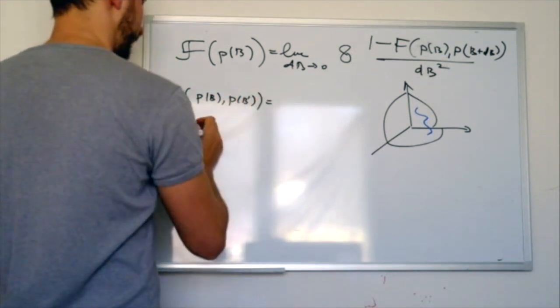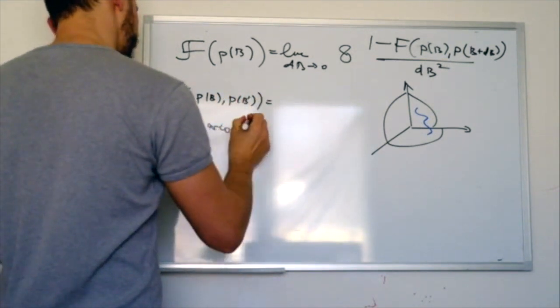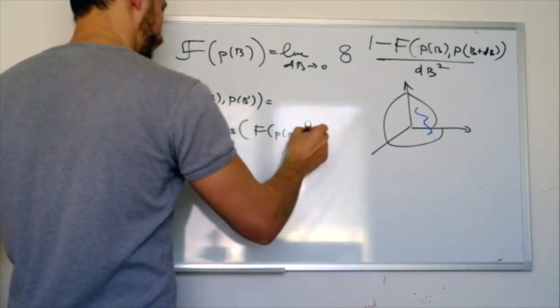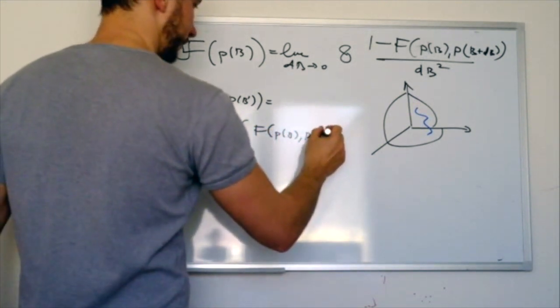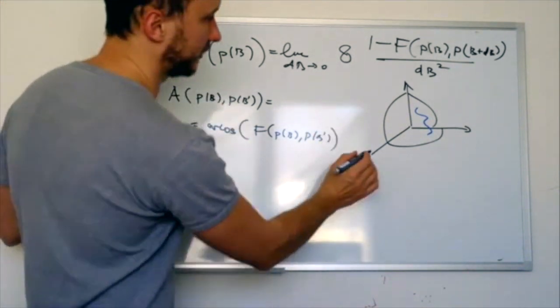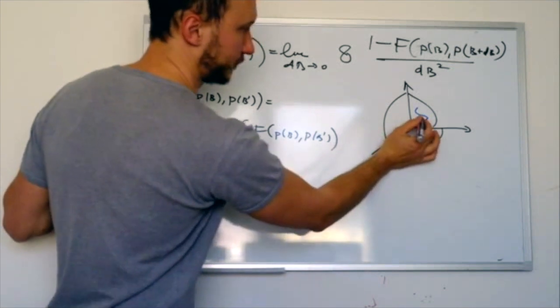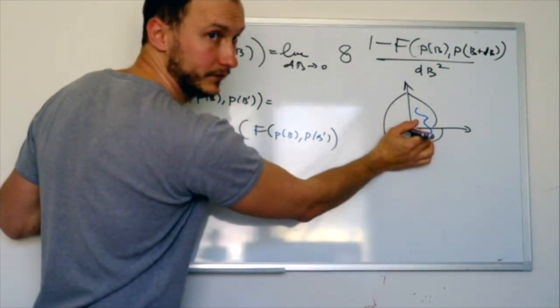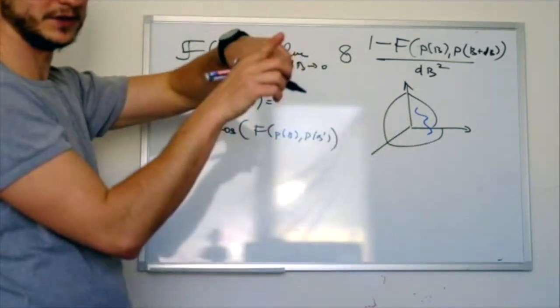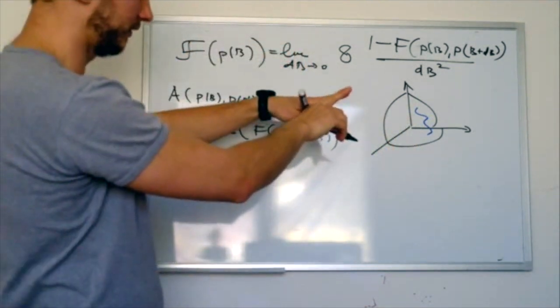This was just given by arc cos of the fidelity between them, P of B prime, right? So in other words, it's really the angle between two vectors which correspond to the probabilities, right? Because the fidelity is the overlap of the vectors. So I'm taking the arc cos to just give you the cosine of the angle between them.